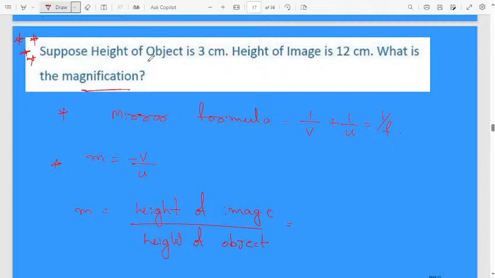Here they are given the height of the object and the height of the image. So M equals height of the image, 12, divided by height of the object, 3. 3 ones are 3, 3 fours are 12, so your magnification value will be 4 directly. This is what they are asking here.